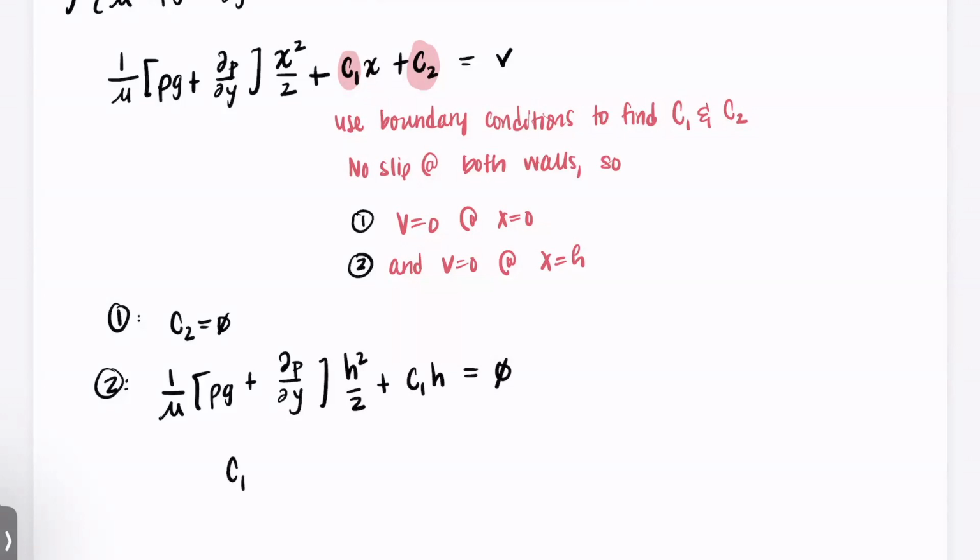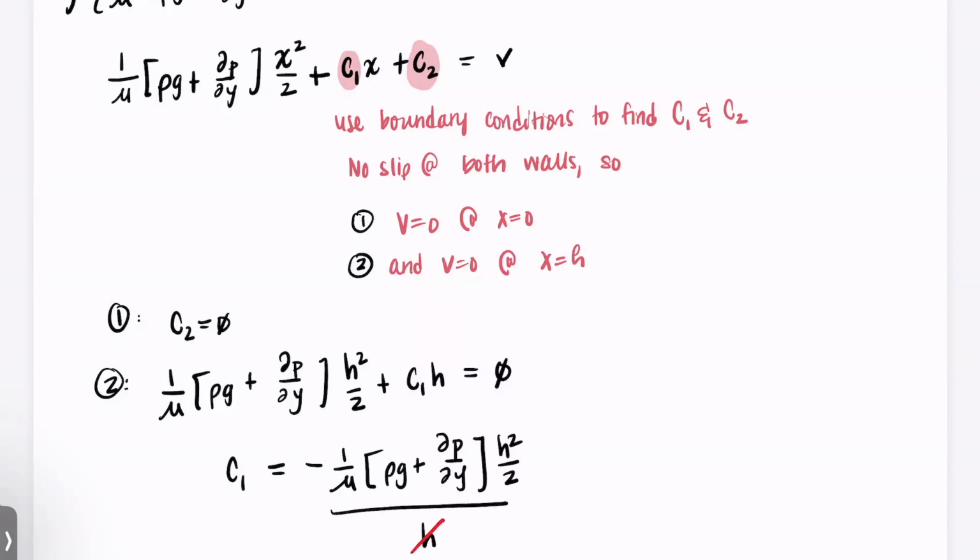So that means that C1 is equal to minus 1 over mu, rho g plus partial p partial y, h squared over 2, divided by h.